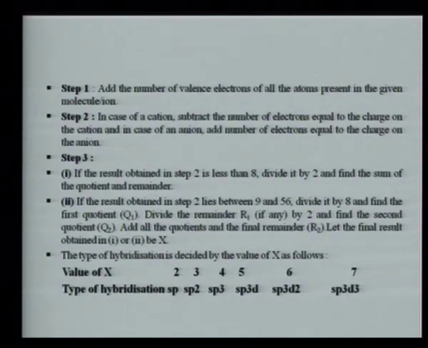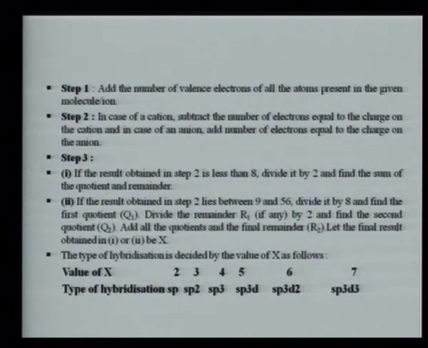Step 3, if the result obtained in step 2 is less than 8, divide it by 2 and find the sum of the quotient and remainder. If the result obtained in step 2 lies between 9 and 56, divide it by 8 and find the first quotient. Divide the remainder R, if any, by 2 and find the second quotient, and add all the quotients and the final remainder R2.